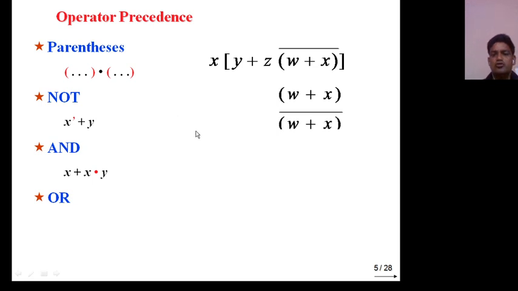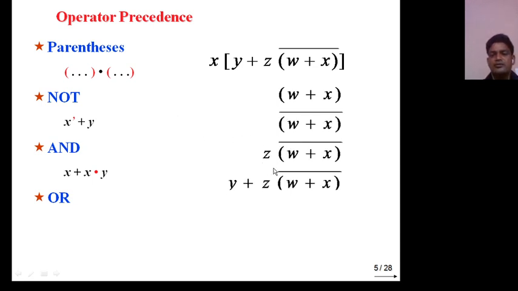So (w plus x) whole bar, then z times that, then you will OR it with xy. In this case there is parenthesis, in this case the NOT gate, in this case plus.